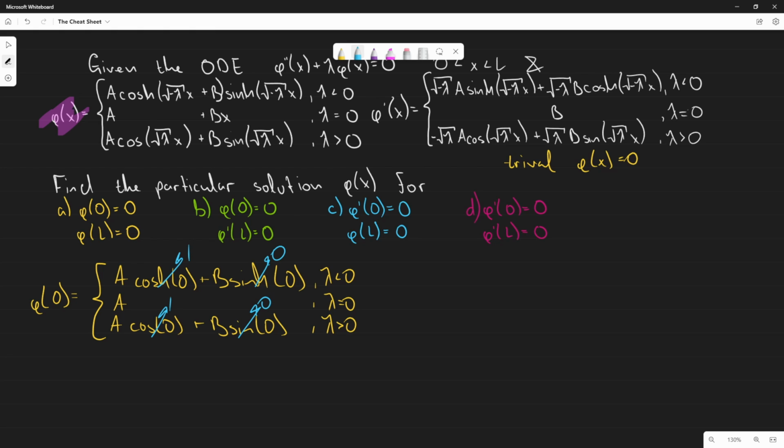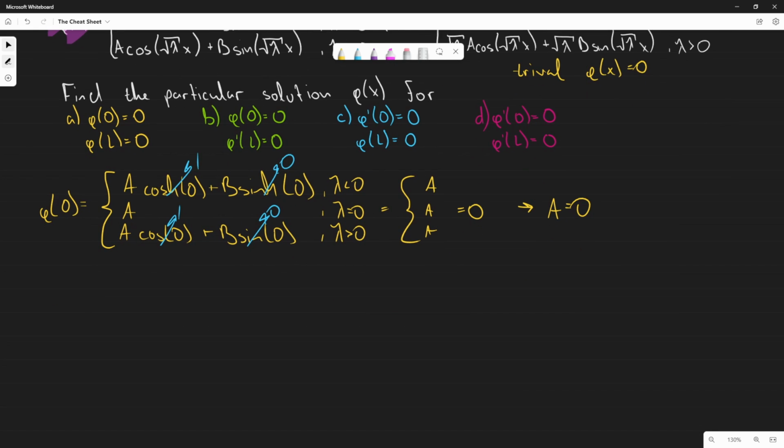And so what we're left with is all of this is just equal to a, and we want this to equal 0. The only way this is true is if a is equal to 0. That's okay because we also have b, so this doesn't necessarily give us a trivial solution yet. But let's continue on with plugging in the second condition.